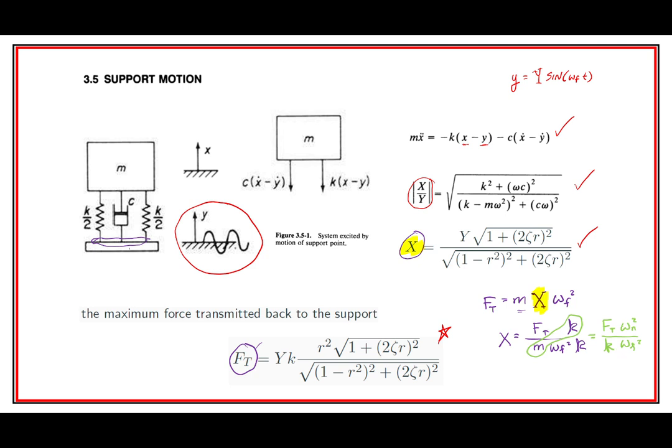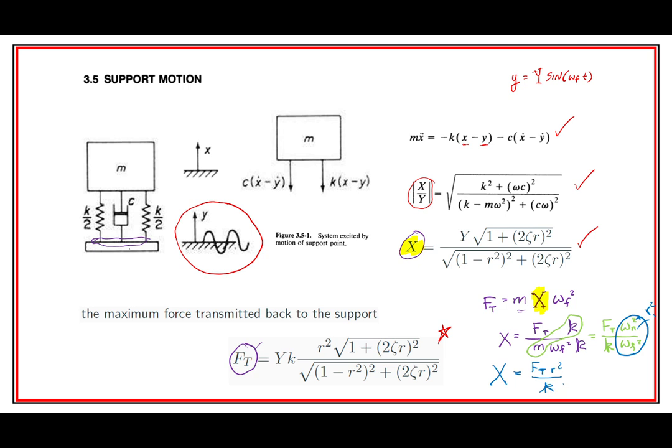So we note that that's r squared. So maybe we want to write that out again. That x that we were replacing before has all of a sudden become F_T r squared over k, right?